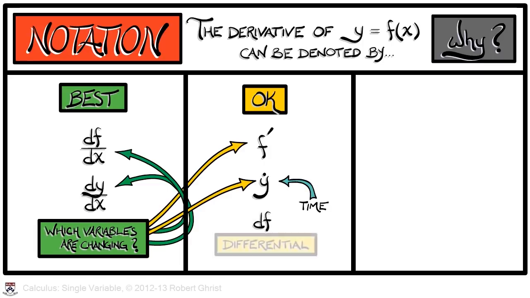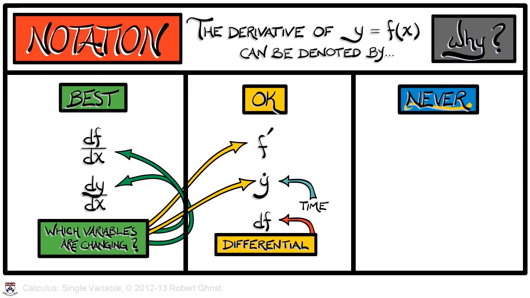Now, sometimes you'll see a differential notation of the form df. This can be helpful, but again, remember which variables are changing. The one thing that you must never do is write something foolish like canceling the d's to get df dx equals f over x.